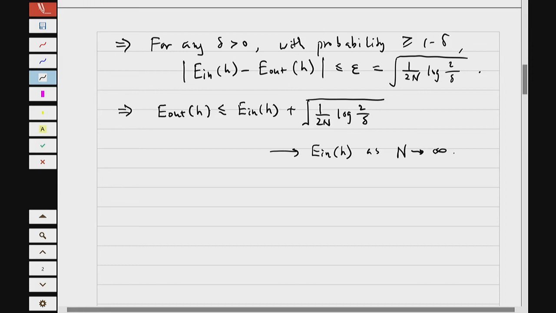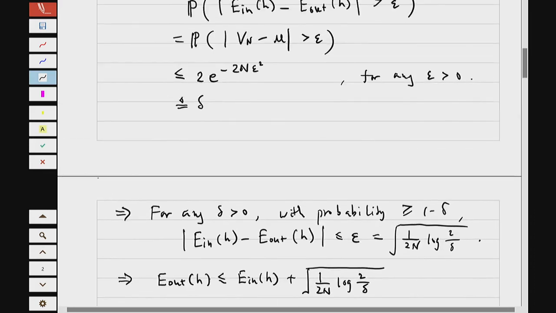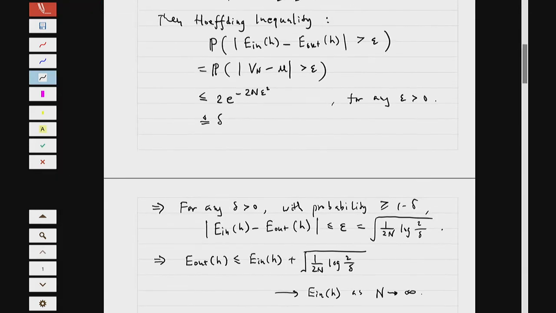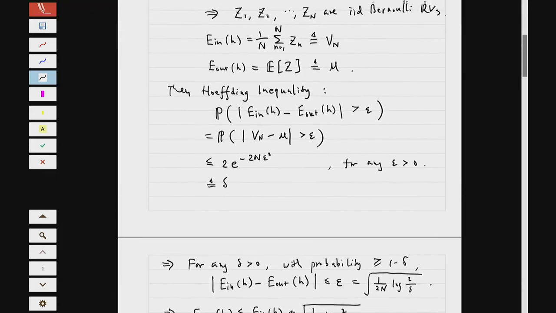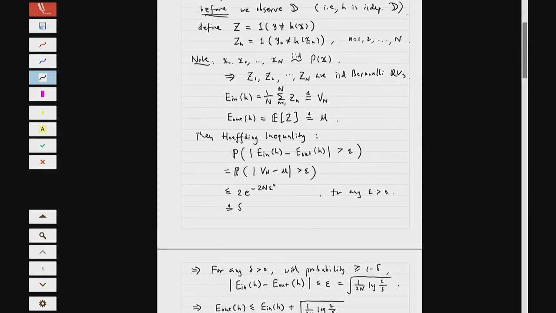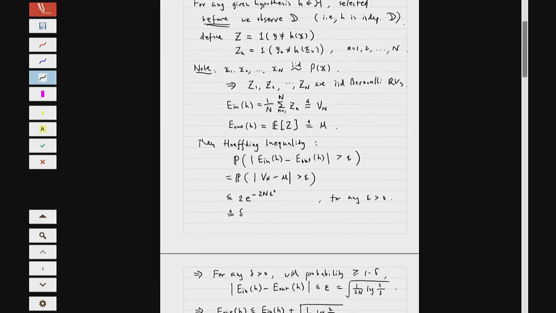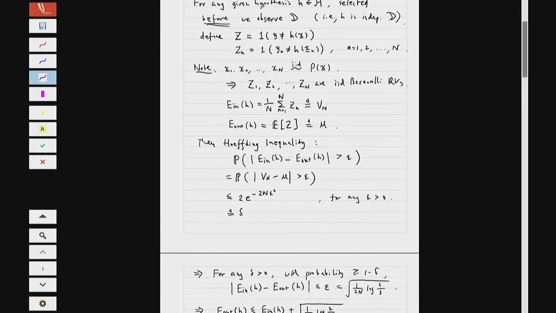But of course, this is too easy on us. It's not quite so easy. Okay? So here, there is a very important assumption. Remember, we say this is true if you have a hypothesis that is chosen before you observe the data D. But that's not what we do when we pick the hypothesis in training, right?